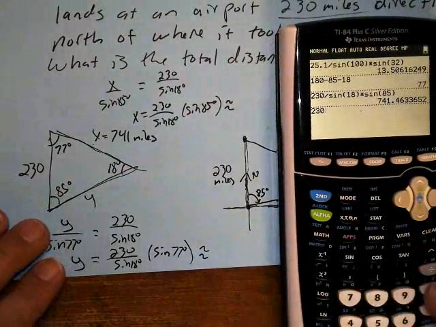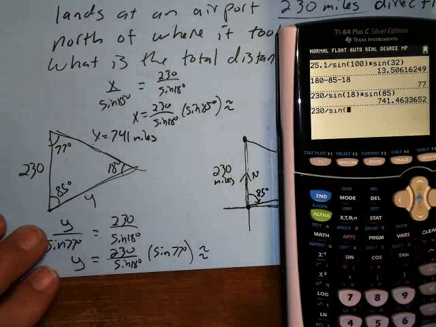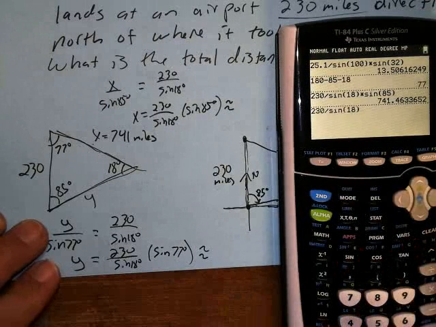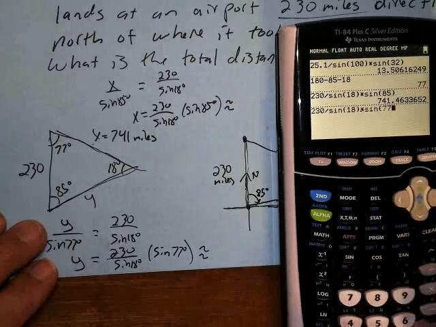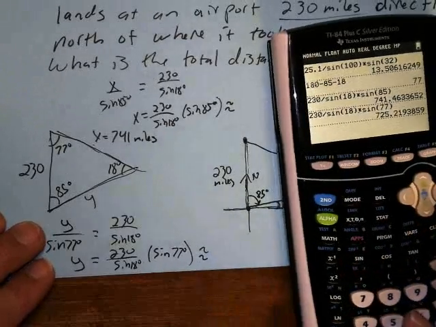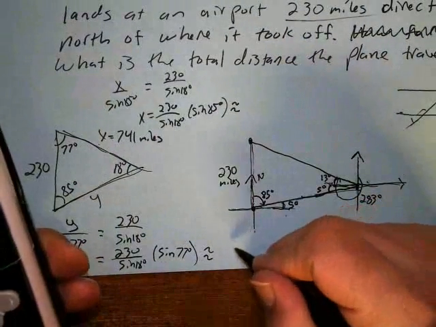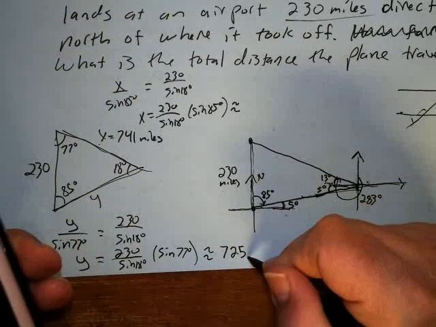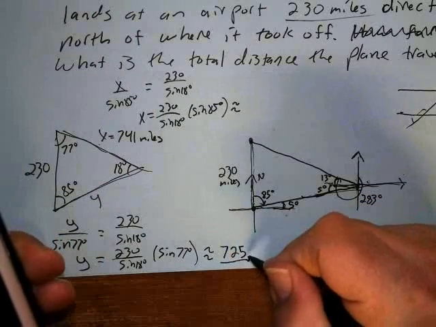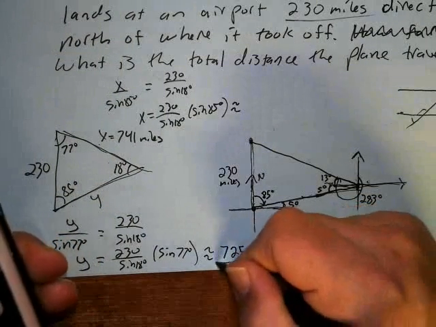So 230 divided by the sine of 18 times the sine of 77, and this is equal to 725. I'm going to do it to the nearest mile.